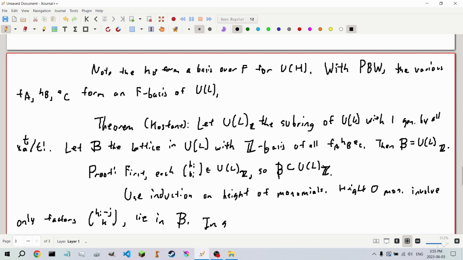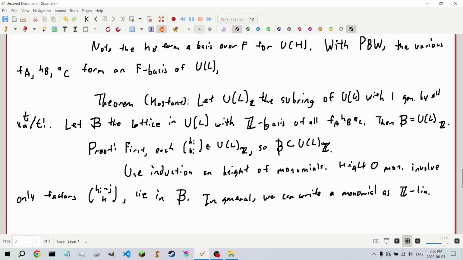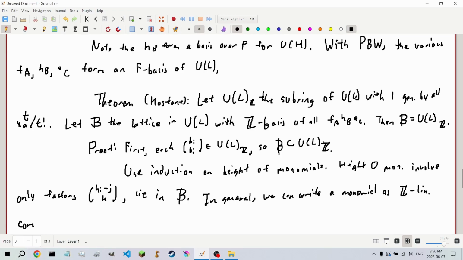In general, our last few lemmas let us write a monomial as an integer linear combination of other monomials for which factors with x negative alphas, h's, and x alphas are in the prescribed order.